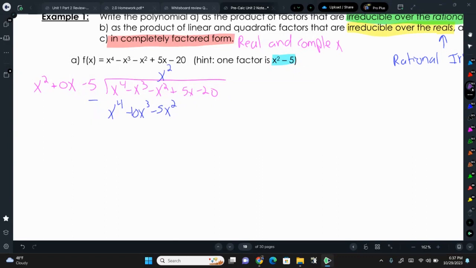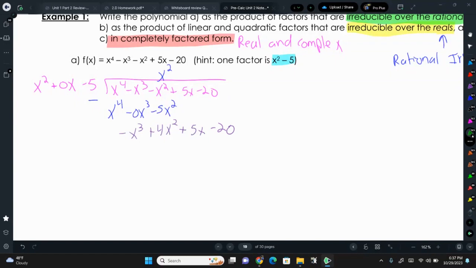Negative x to the third minus 0x to the third, I know that looks like 10, but no, it's minus 0x to the third, gives me negative x to the third. Negative x squared minus negative 5x squared is 4x squared. And then I'm bringing down 5x minus 20.